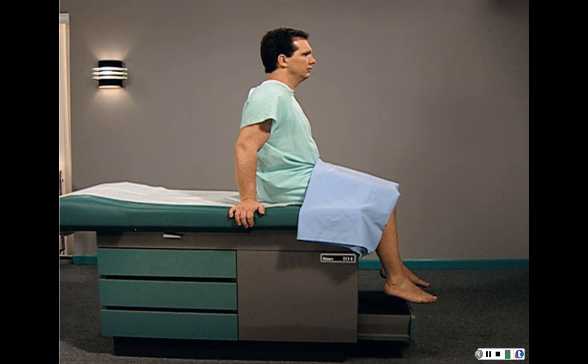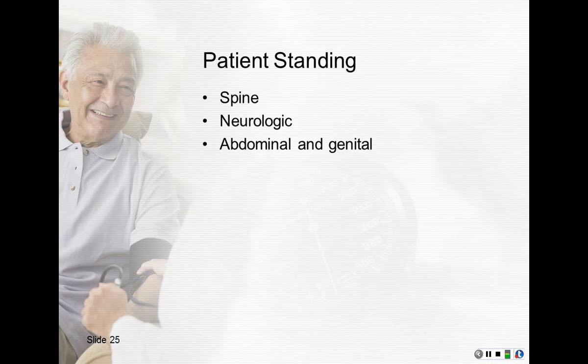Sometimes if it's lower back, we have to have them stand up and look at range of motion with the back. But most of the exam procedures that have to do with the extremities can be done from the sitting position.